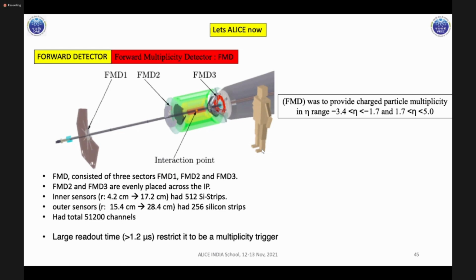Among these, FMD 2 and 3 were at nearly the same distance, opposite to each other compared to the interaction point. And it has a total of 51200 channels. If somebody is looking at run 1 and run 2 data, probably they will find this FMD data still there. But after this long shutdown, it is not there.